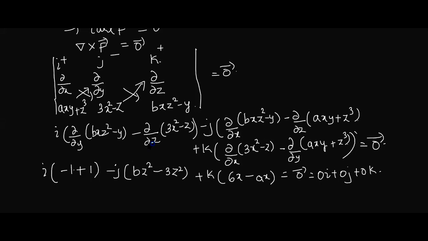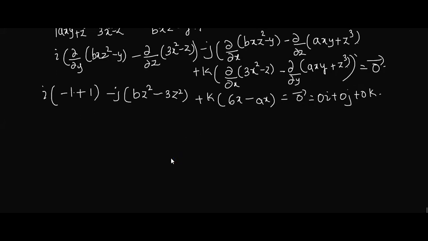See, 0 equal to 0i, done. Now here I'll take the rest. I'll just equate the corresponding coefficients, because this vector is equal to one more vector. What does the equality of vectors say? If two vectors are equal, we can equate the ijk coefficients, isn't it? So I'll equate the coefficients.